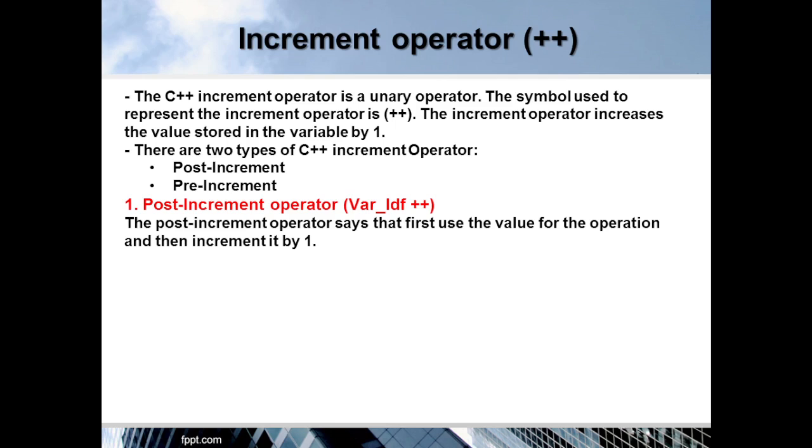First, أول حاجة, use the value for the operation. يعني إذا كان عندك عملية أخرى من غير البوست increment فتقوم بها أولا. Then we increment the value of the variable by 1.